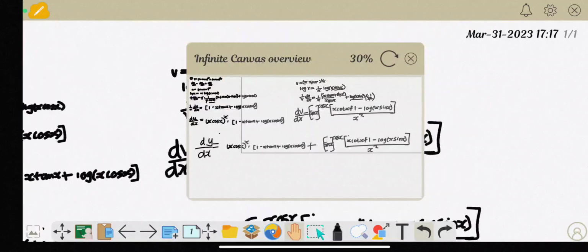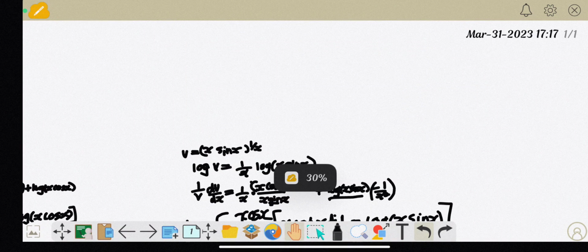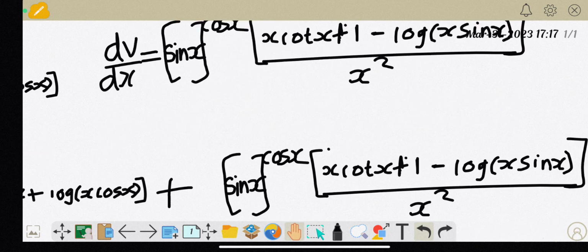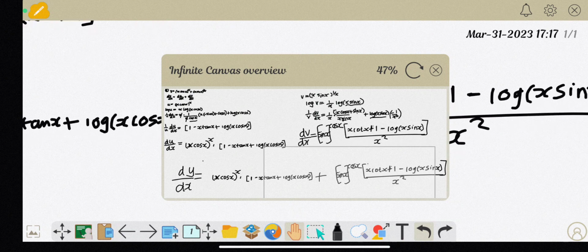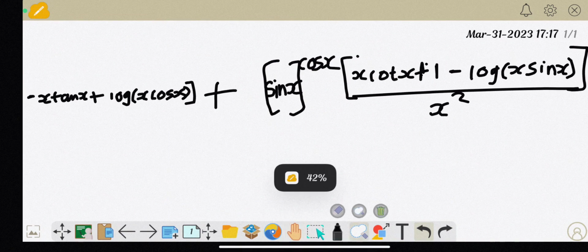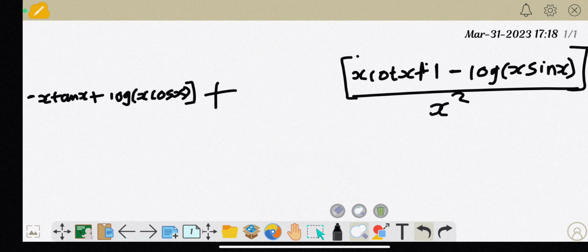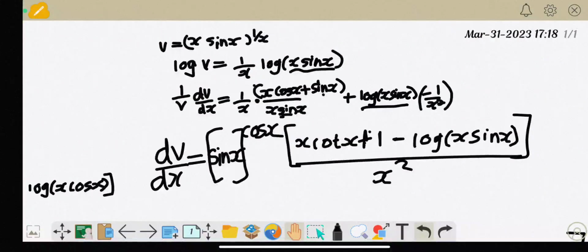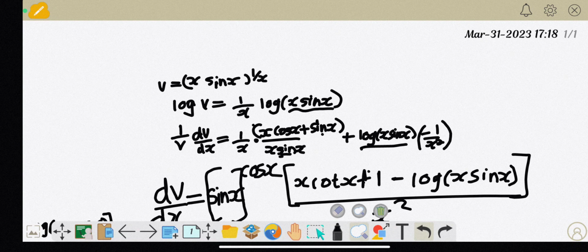What is our v term? V term is x sin x to the power 1 by x. What I have written? X sin x to the power 1 by x. So this is not v. Nobody told me that. V term is that, right? See, that's what we assumed.